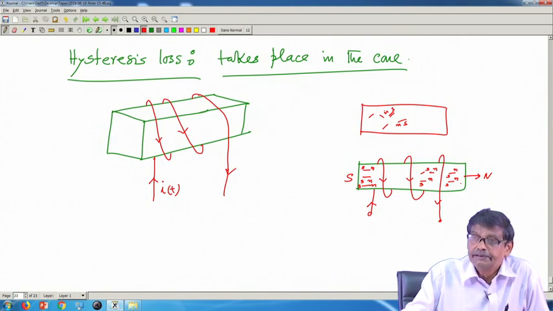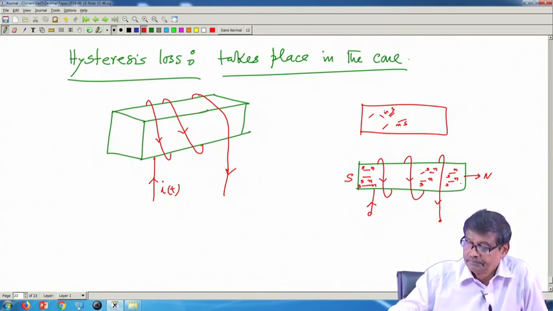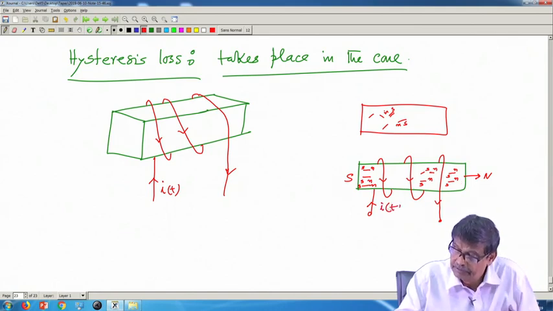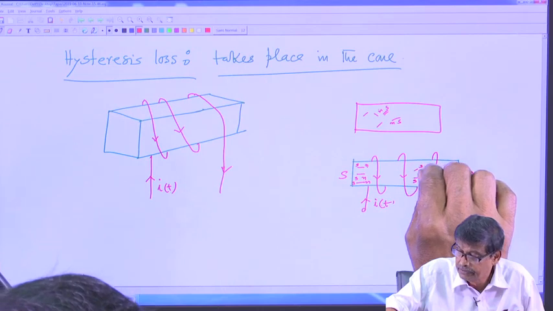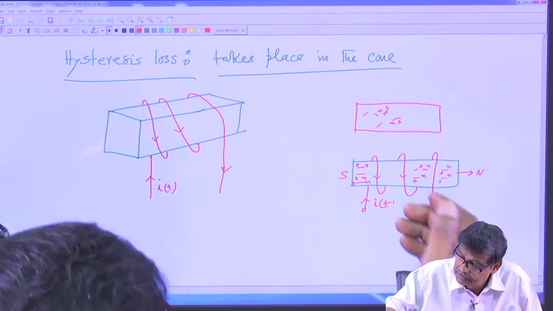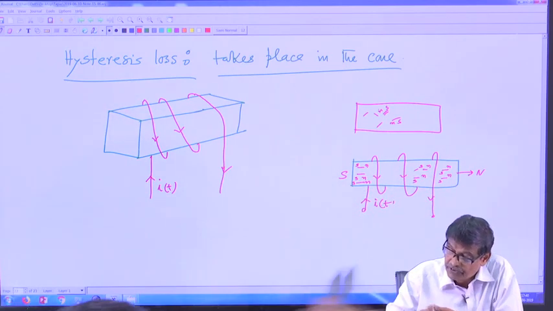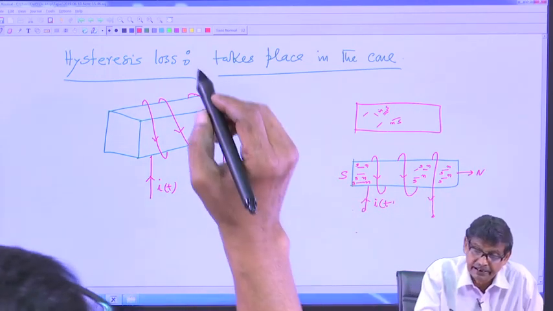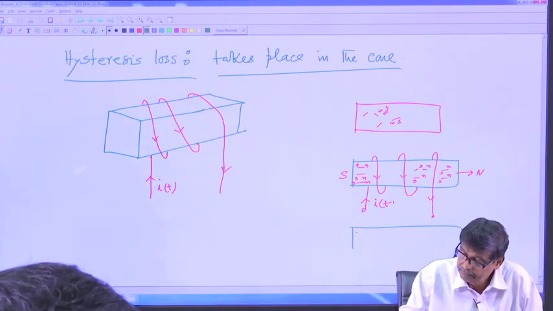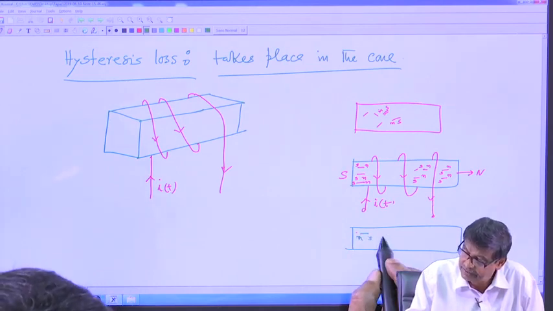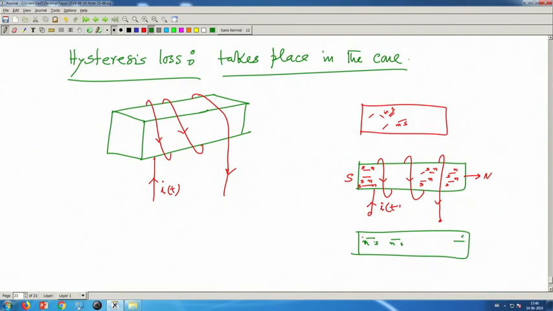Now, suppose this current is time varying. Therefore, what you are asking each molecule to do, when the current is positive, each tiny magnet was trying to align along this way, then you reverse the current, they will now start moving, and finally, when the negative maximum current flows, this side will become south, the other way it will become north.